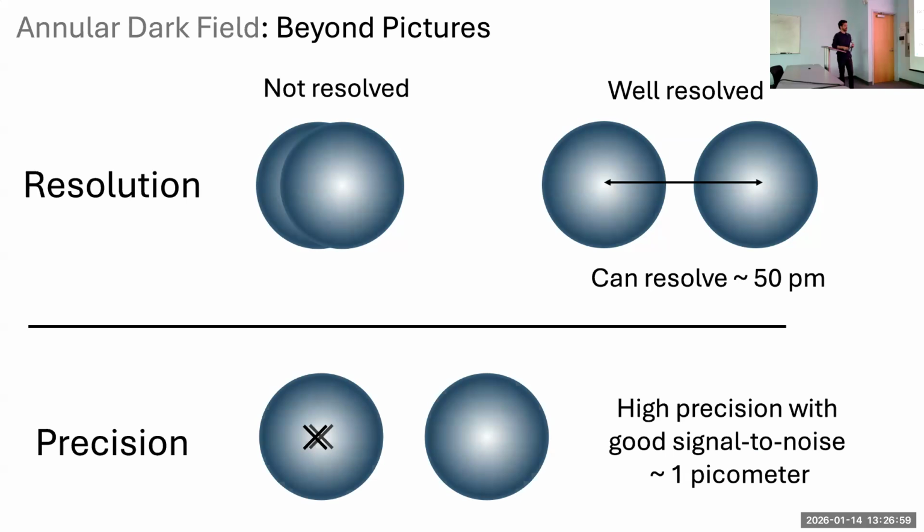So typically, if we model our images with some sort of 2D function, typically a Gaussian, and we fit the centers, we're able to localize these blurred images of atoms with picometer level precision. And that's a length scale that is smaller than typical atomic displacements in many of these complex oxide materials.